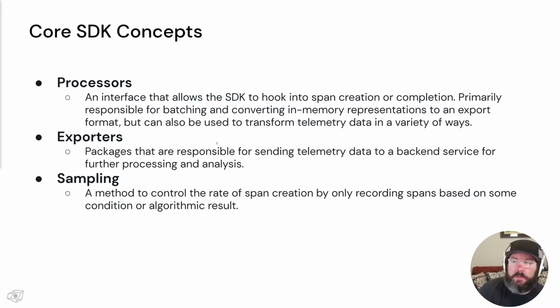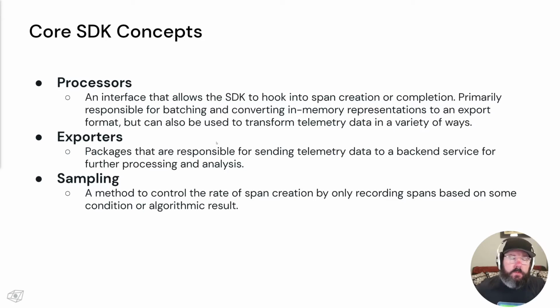Finally, sampling. Sampling is controlled by the SDK, and sampling is what it sounds like on the tin. You're taking a random sample of spans that are created, and actually recording them or creating them. Now, you can do this in a couple different ways. You can do this conditionally. A simple sampling algorithm would be, 1 out of 10 spans gets created.